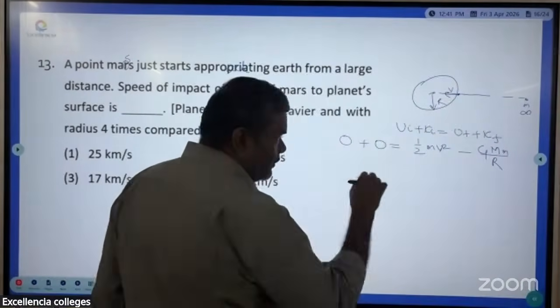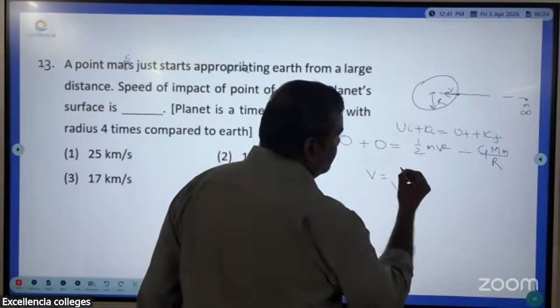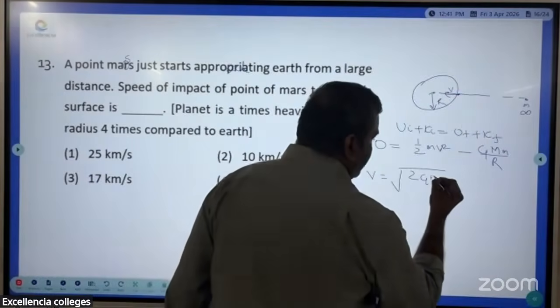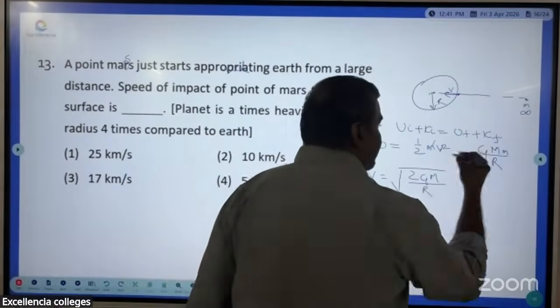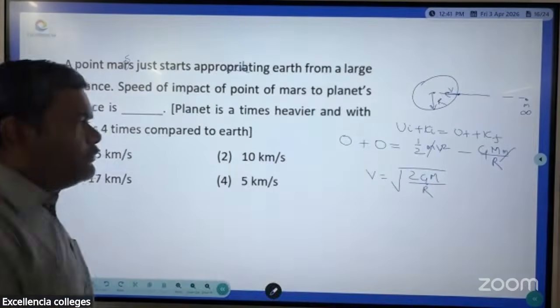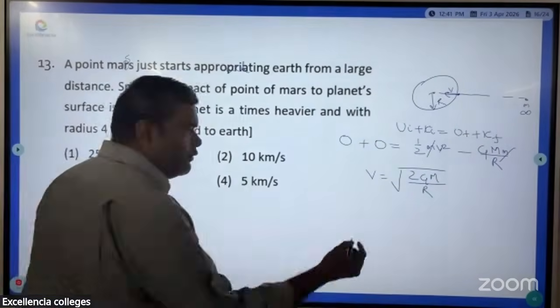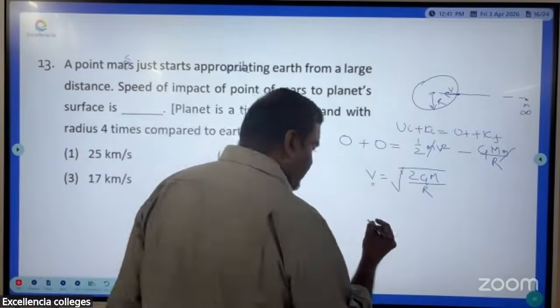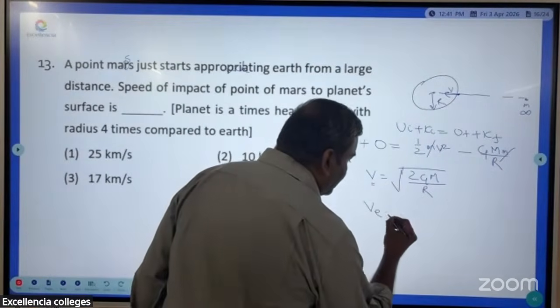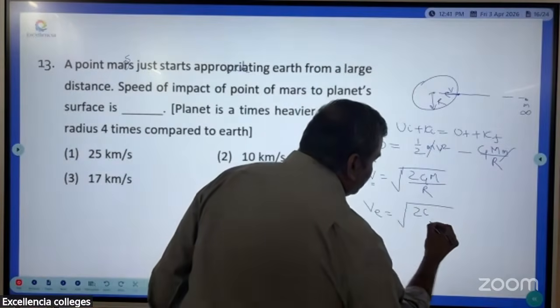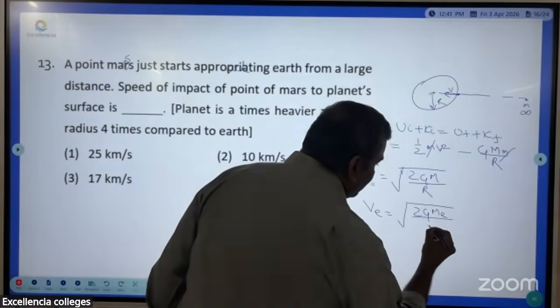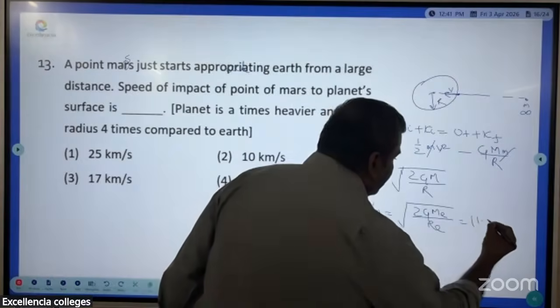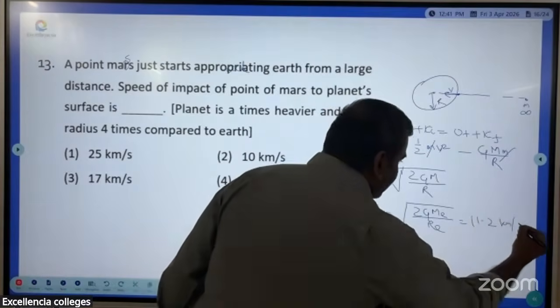So v comes out to be root of 2GM by capital R. This mass m will get cancelled out throughout. So if you have a look, this is the same as the escape velocity. So velocity on Earth हो जाएगा root of 2G mass of Earth by radius of Earth, and we know that this value is 11.2 kilometer per second.